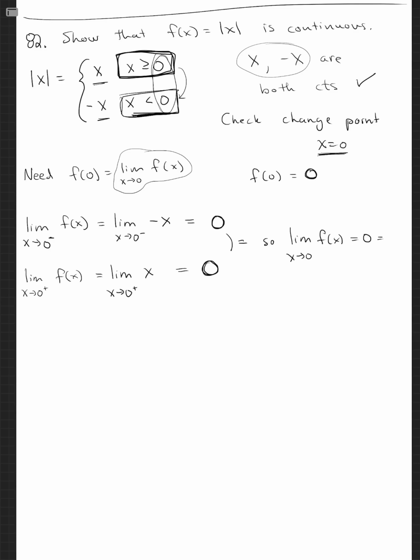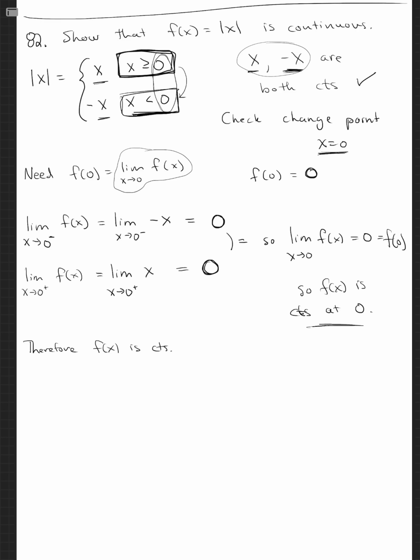So that equals f of 0, so f of x is continuous at 0. It's continuous for anything greater than 0 because x is continuous. It's continuous at 0 because we just checked, and it's continuous at anything less than 0 because negative x is continuous. Therefore, f of x is continuous.